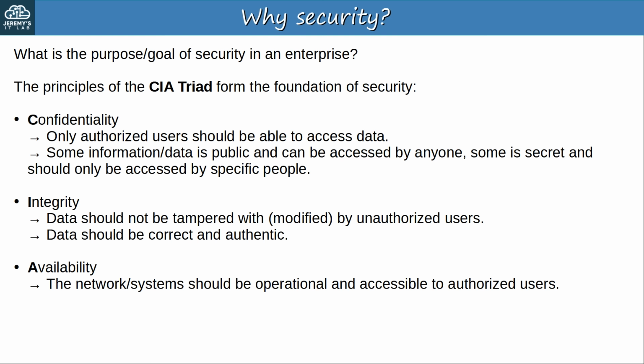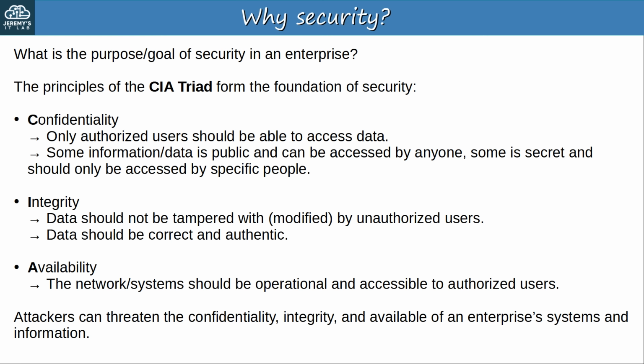For example, staff should be able to access the internal resources they need to perform their duties, and the company's website should be up and running and available to customers. So that's the CIA Triad: confidentiality, integrity, and availability. Attackers can threaten the confidentiality, integrity, and availability of an enterprise's systems and information. We'll see how attackers do that when we look at some common attacks.